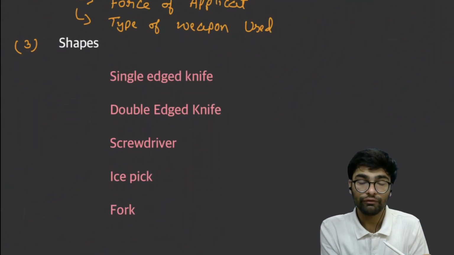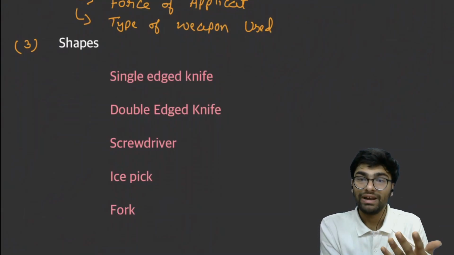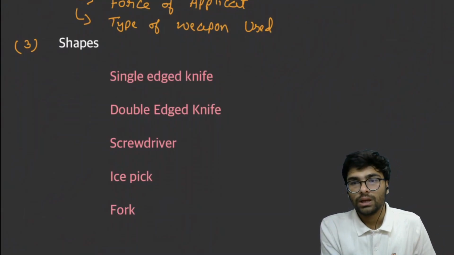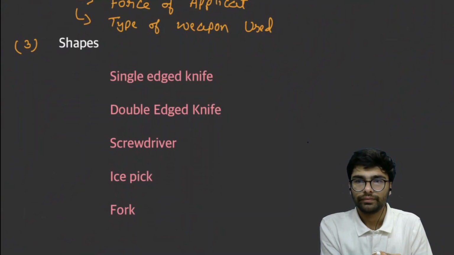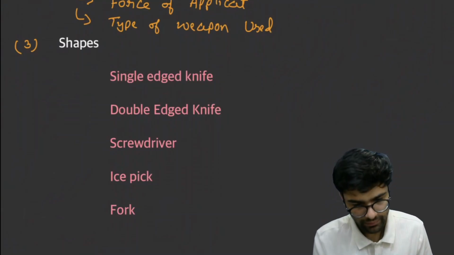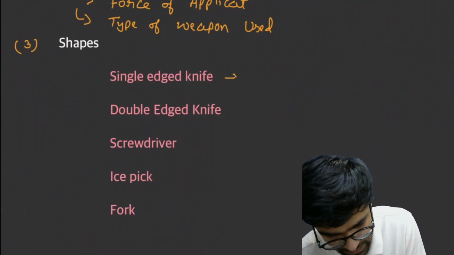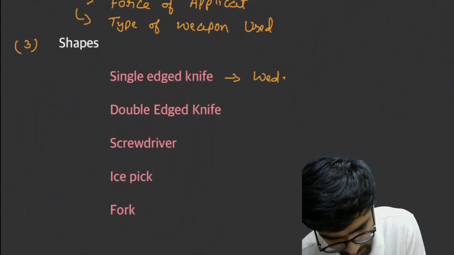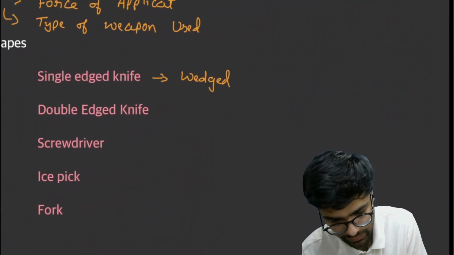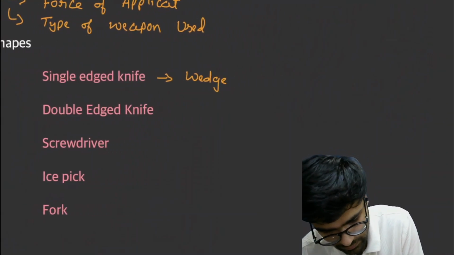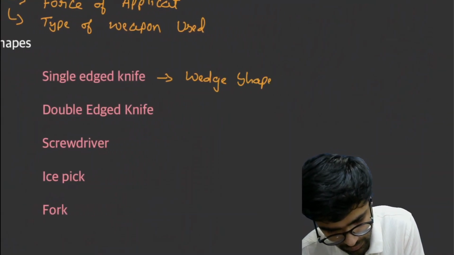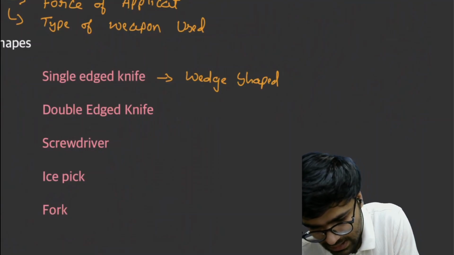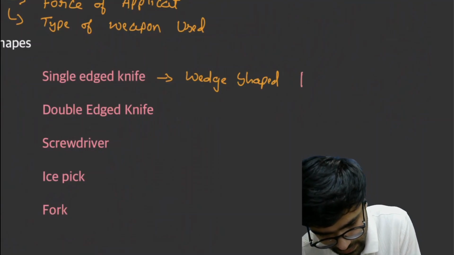Now apply some common sense. What will be the shape of the wound that will be visible on the skin when it is penetrated? It will be wedge-shaped. Now what is wedge-shaped? Wedge shape is like this.